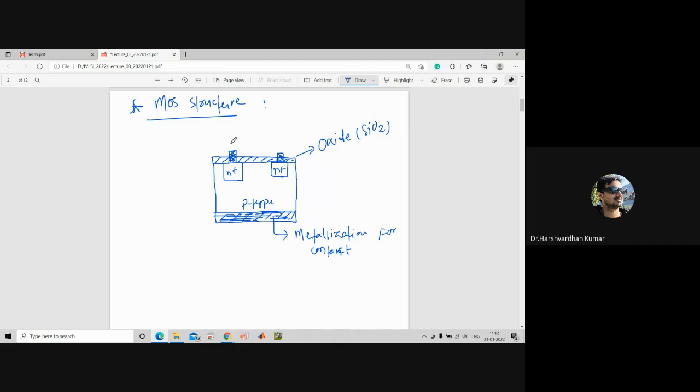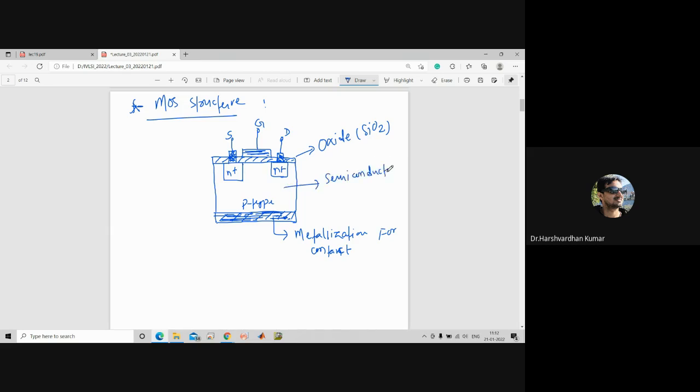This terminal is known as source, and here again there will be a metallization. This layer is known as gate, represented by G, and this terminal is known as drain, represented by D.